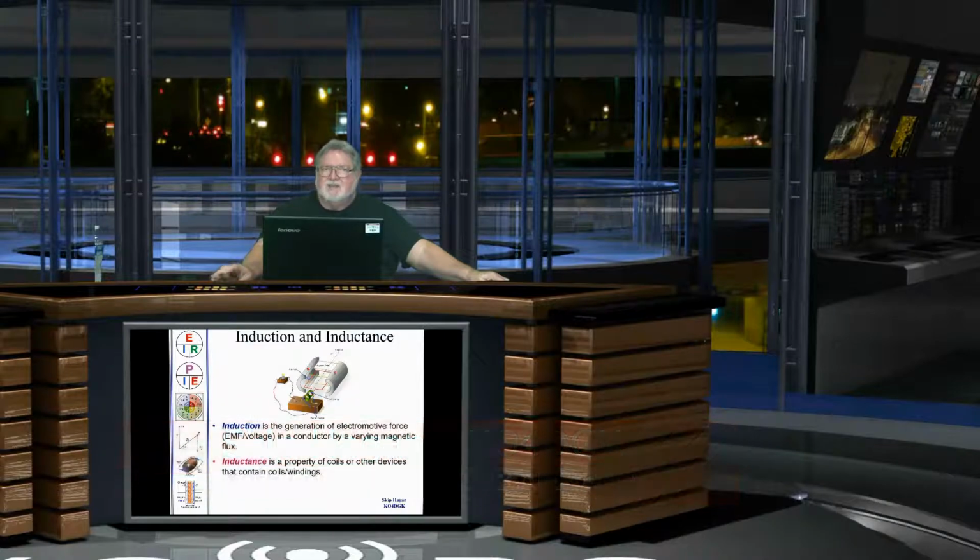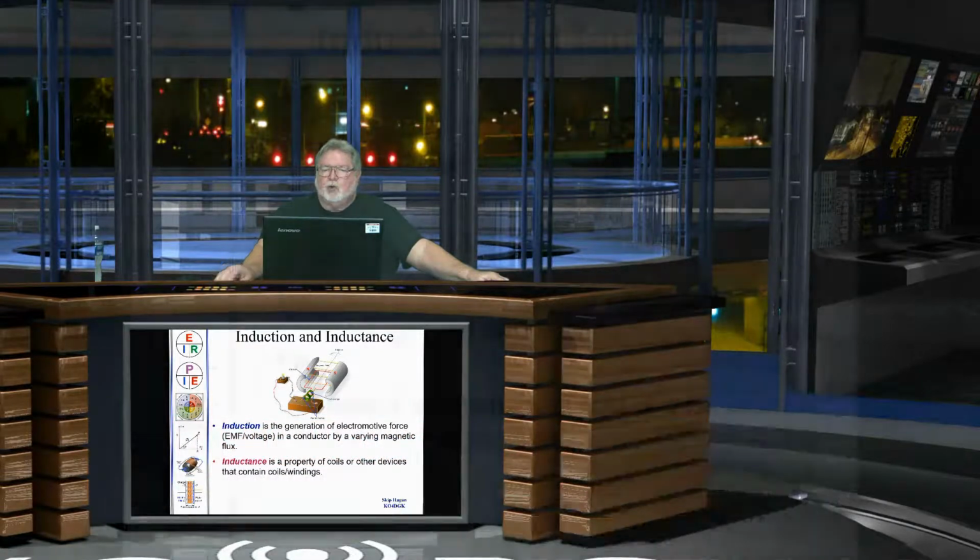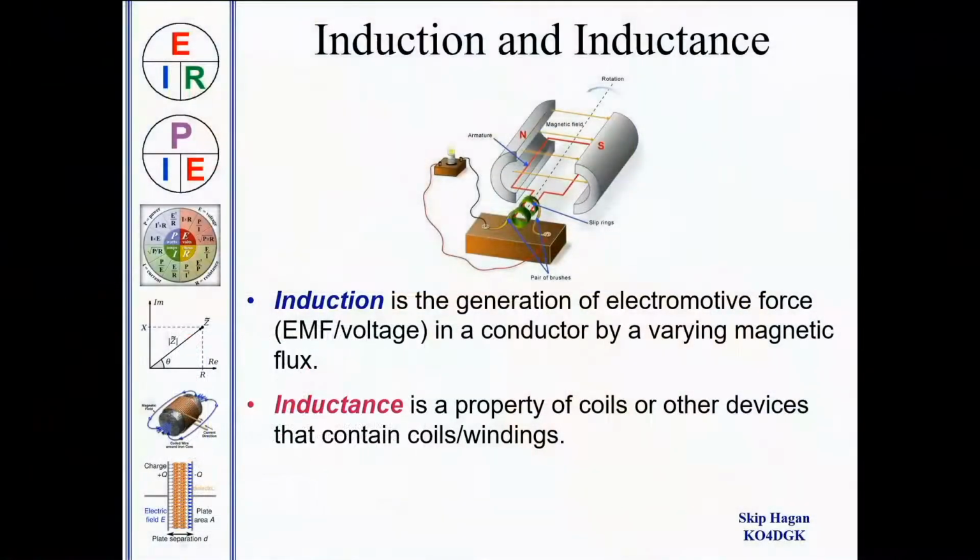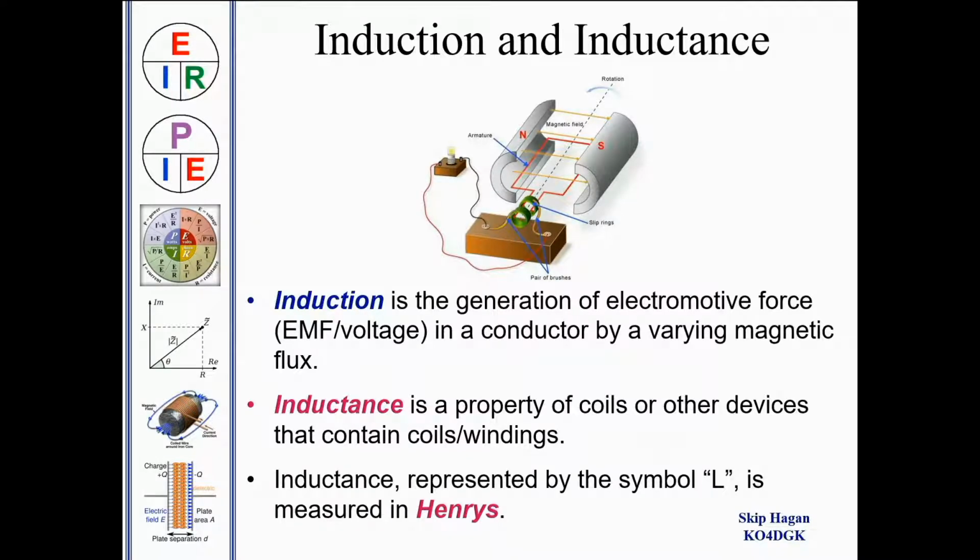Inductance is a property of coils and other devices that contain coils or windings. We'll look at the formula for inductive reactance on the next slide, and we'll see L is the symbol we use for inductance.